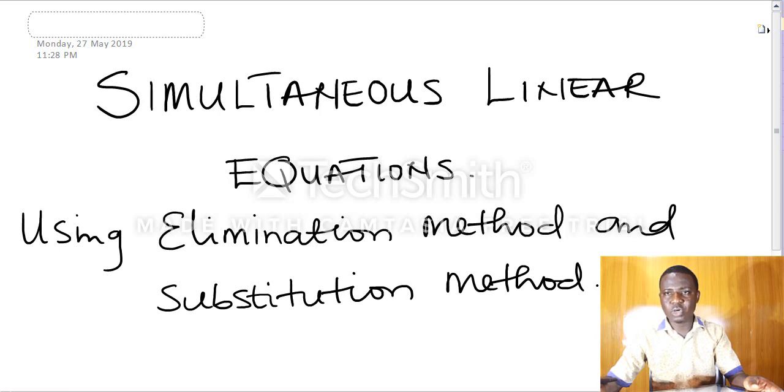While in the substitution method, you choose any of the equations, be it equation 1 or equation 2, make one of the variables the subject of the formula, and substitute it into the other equation to eliminate one of the variables. Then you solve it linearly in one variable to get your value, and substitute it into your equation 3 to get the other variable.